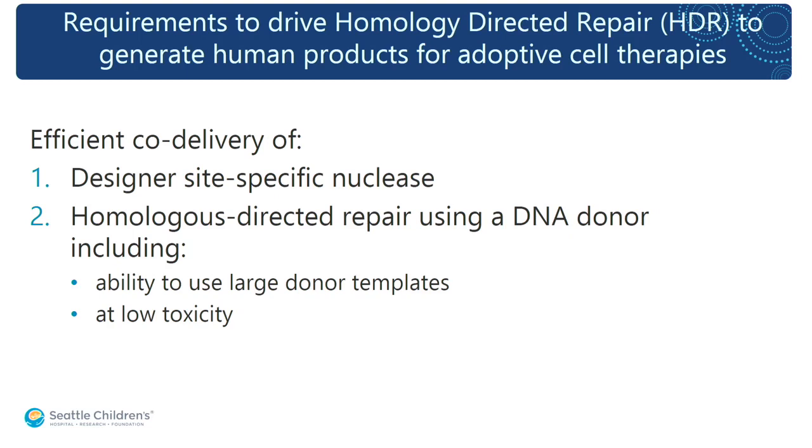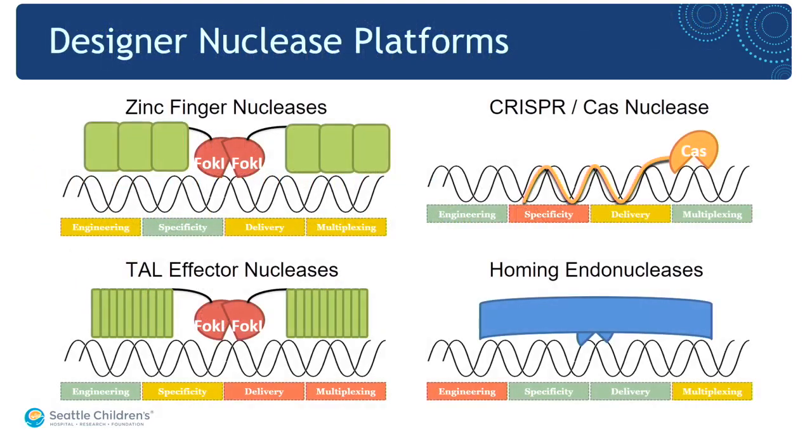One is the advent of designer-specific nucleases, and the other key thing is figuring out a way to introduce a donor DNA template into these primary cell populations that didn't turn on a response to DNA or an innate response that killed the cells. What I'm going to show you today is we've sort of solved the second hurdle, and we're taking advantage of what's happened in the nuclease engineering field.